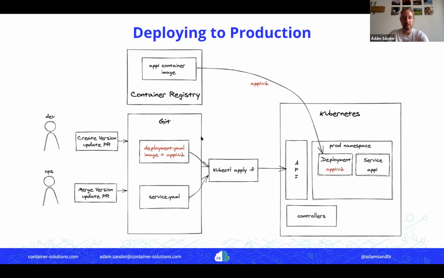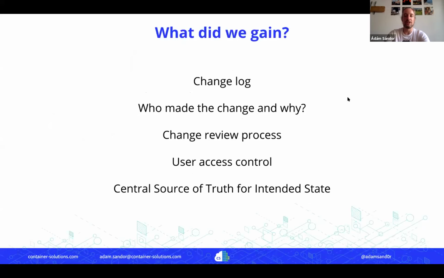So here is that process with red font. Never mind. So what did we gain by this? We have a change log of all the changes that are happening to an environment. We can add in the commit message a description of who is making the change and why. We have a review process.